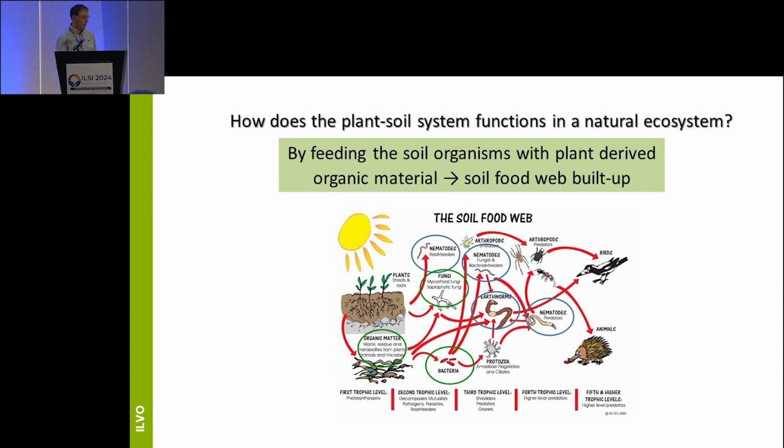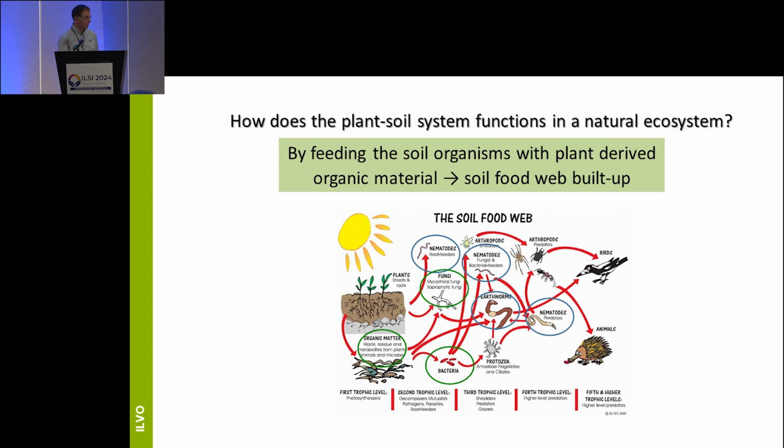Protozoa and nematodes are feeding on fungi and bacteria, and then you have also higher organisms. You have also nematodes that feed on nematodes, and so you get a whole soil food web below ground, as you have also food webs above ground.